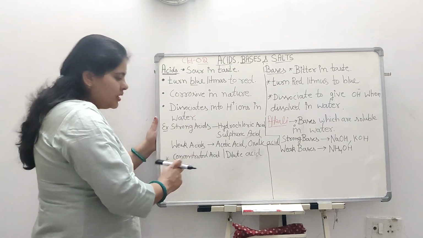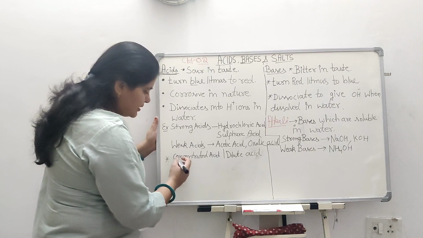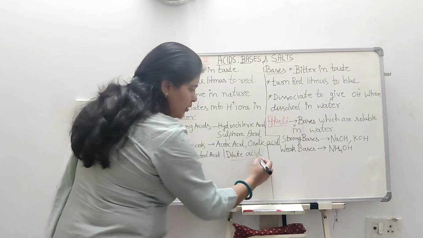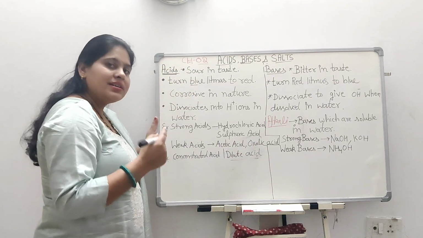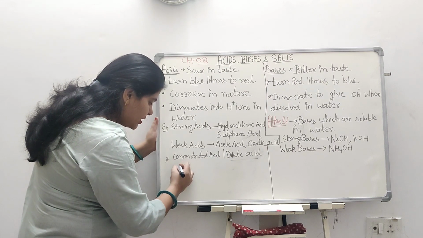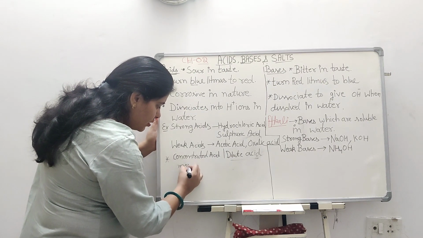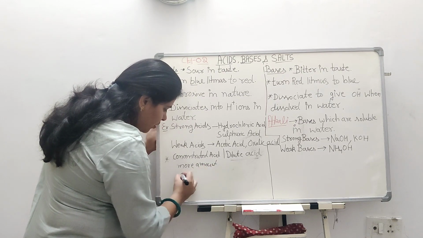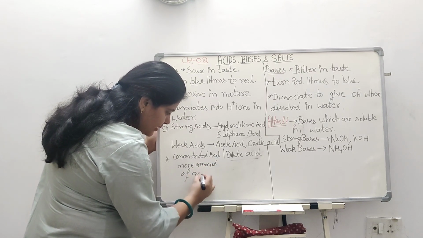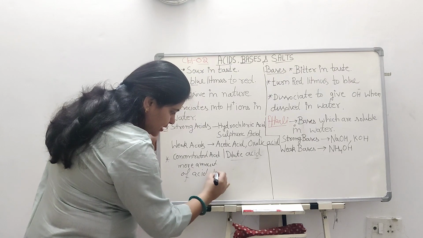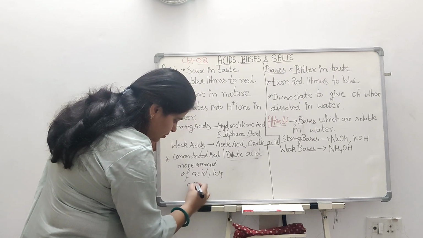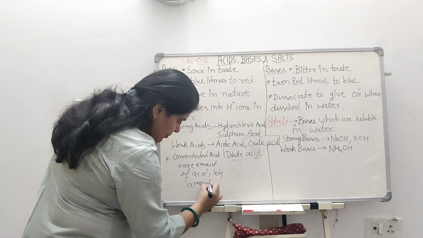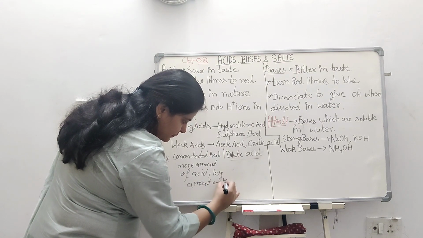Now there are some other terms related to acids, like concentrated acid and dilute acid. Concentrated acid means there is more amount of acid and less amount of water.